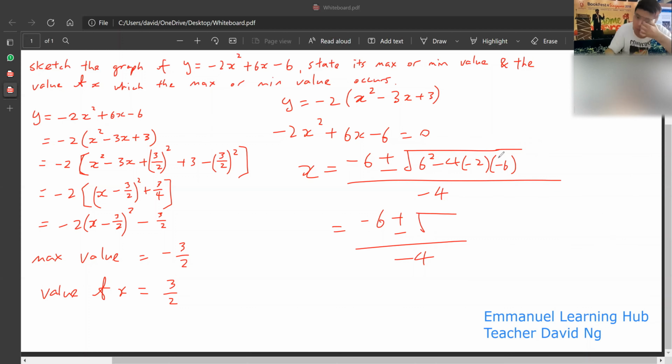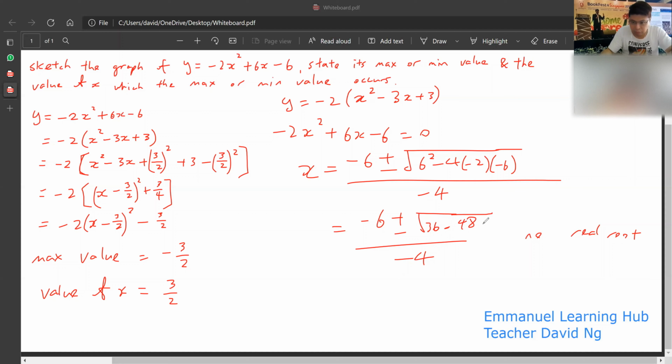Okay, 36 minus 24 times 2, 48. You have a negative. Because this part is negative, there is no real root. You understand why no real root?